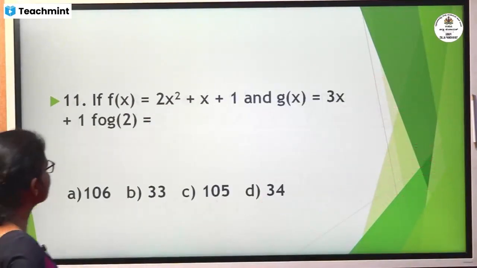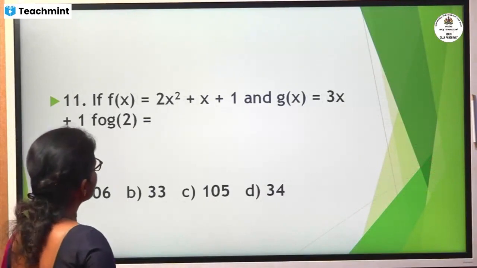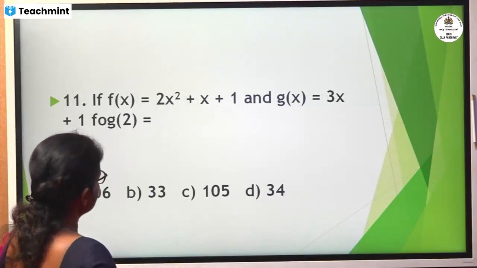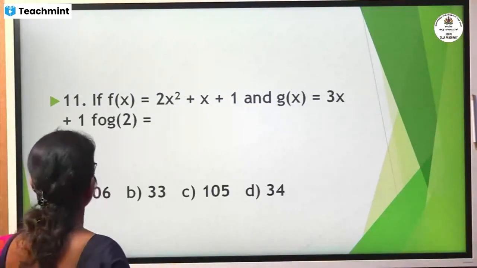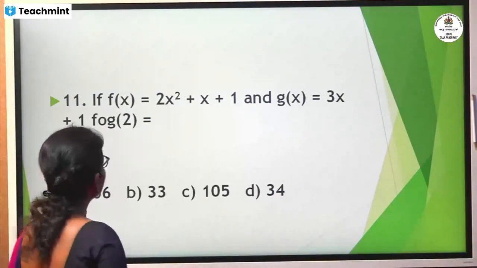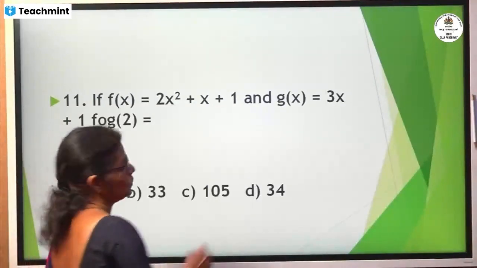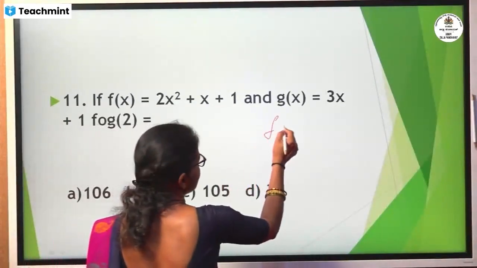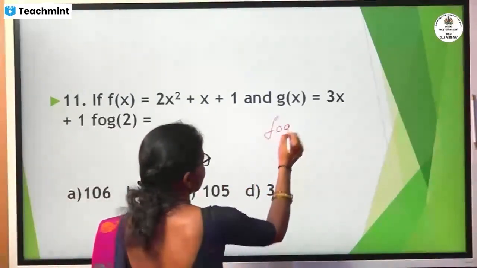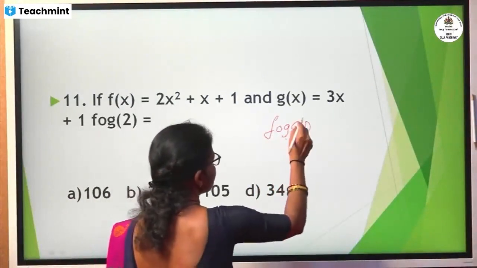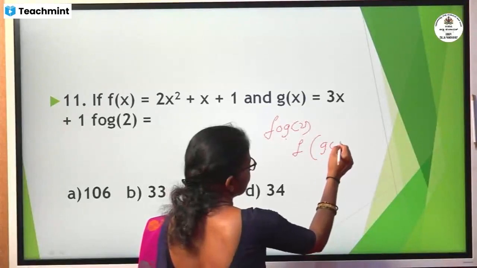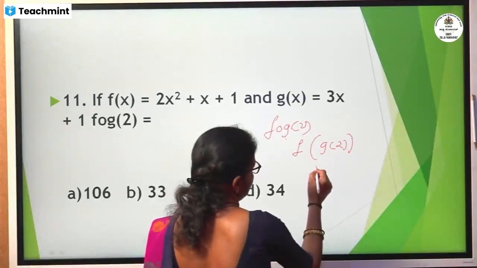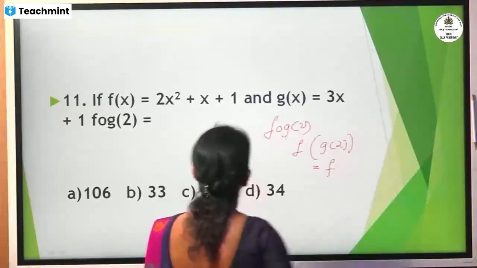Next question. If f of x is equal to 2x square plus x plus 1 and g of x is equal to 3x plus 1, what is f composite g of 2? If you simplify this, f of g of 2, what is g of 2 now?